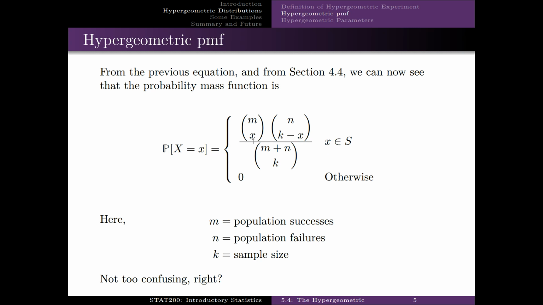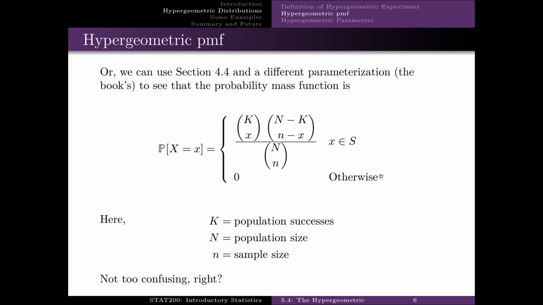So x is the number of successes in your sample. K minus x will be the number of failures in your sample. And then the denominator is just going to be the total population size choose the total sample size. And notice the switch here, k is now the sample size, not n. And trust me, this is one of the better parameterizations of the hypergeometric.